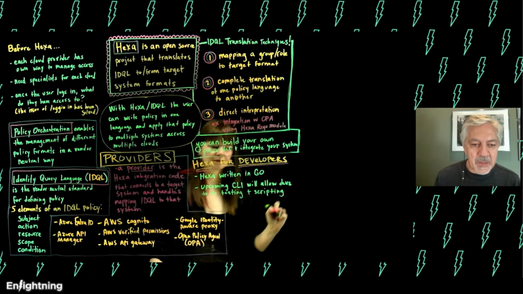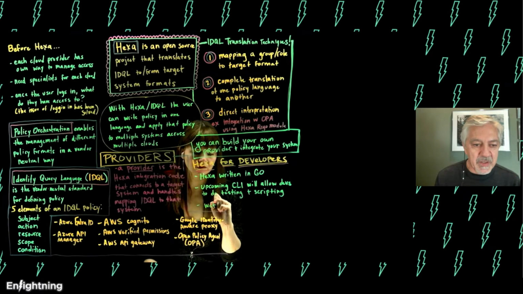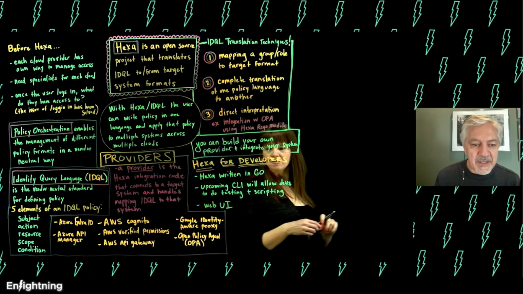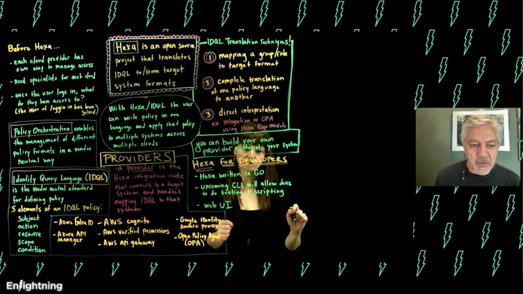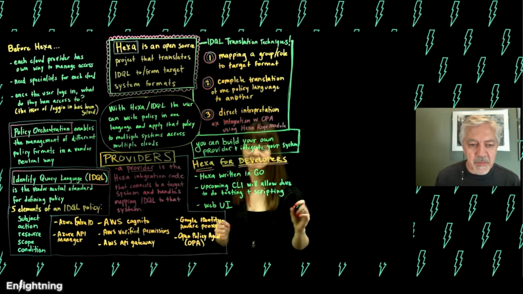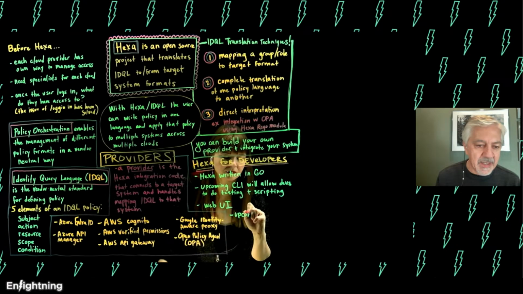And we have a web UI. That's what our demo admin portal uses. And in the future, we'll make a REST API so that folks using other languages can call into Hexa as well. So I'd say not even upcoming.